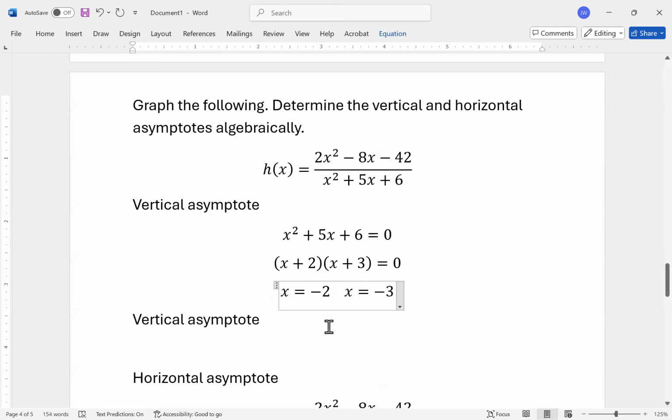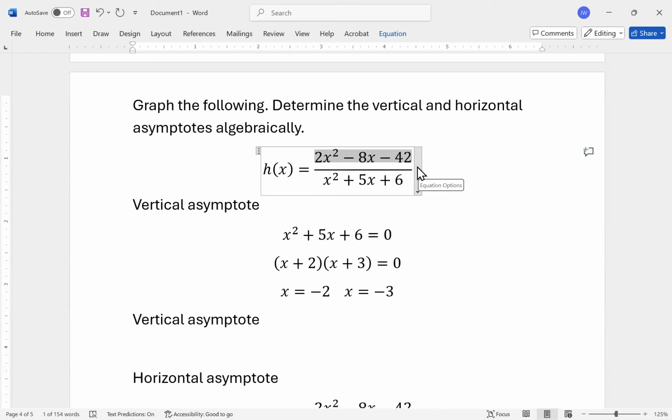Now, before I state that these are vertical asymptotes, I'm going to plug those into my numerator. If I plug negative 2 into my numerator, I get 2 times negative 2 squared minus 8 times negative 2 minus 42. That gives me a negative 18. So I'm safe with x equals negative 2.